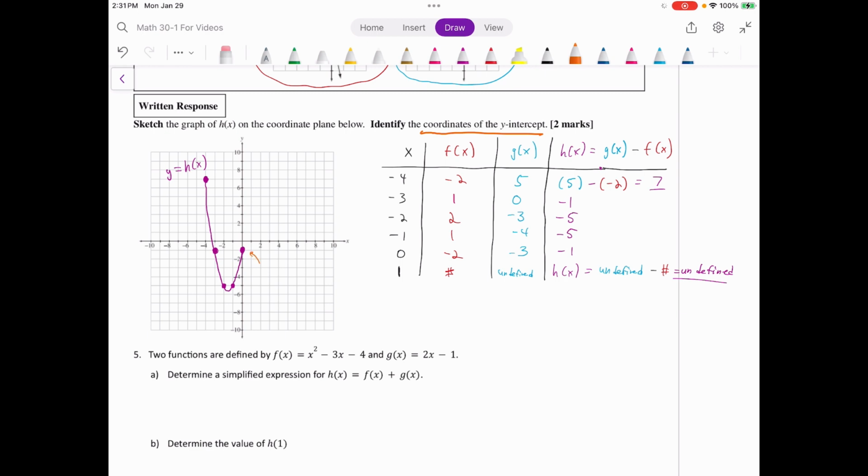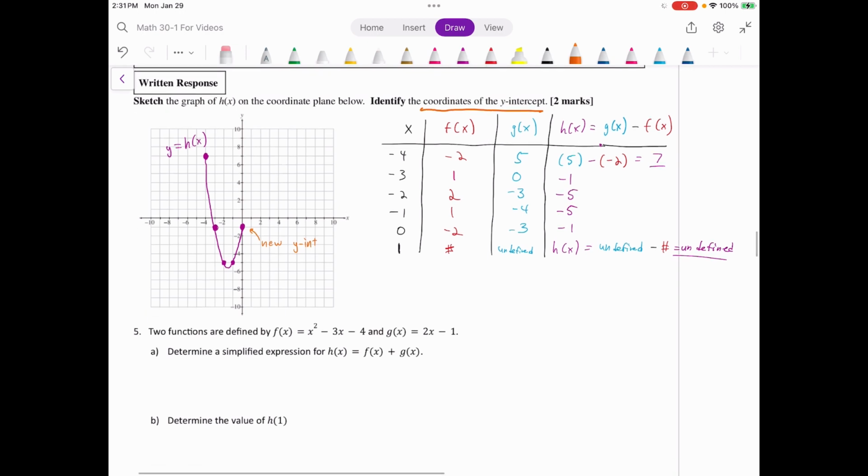So our new y-intercept, or I'm calling it new because it's the result of combining g and f, but it's the y-intercept of h of x. Maybe that's a better way to word it, right? So the y-intercept of h of x is at, now it said coordinates, so make sure you give coordinates, right? 0, negative 1. There we go.